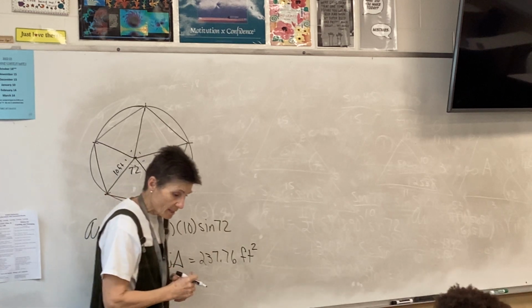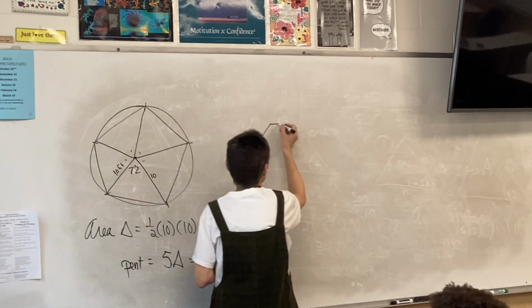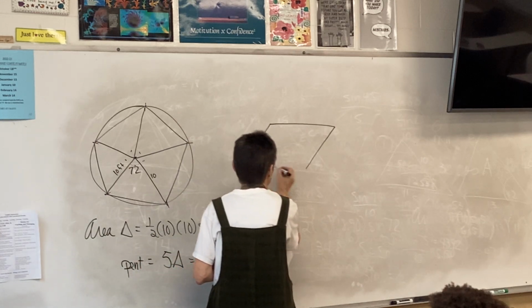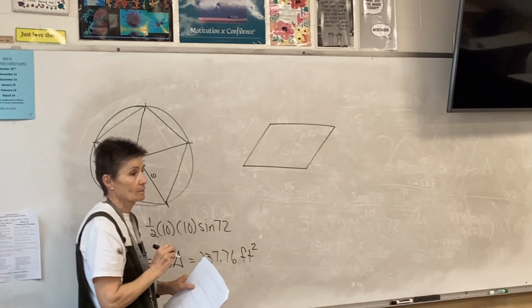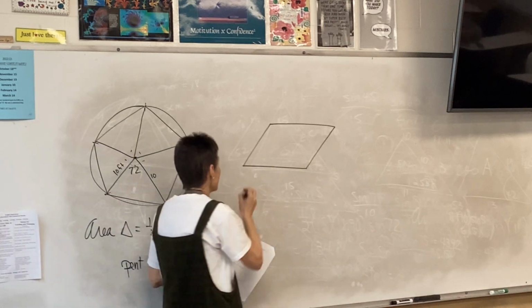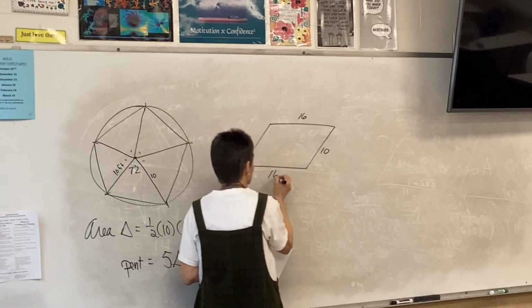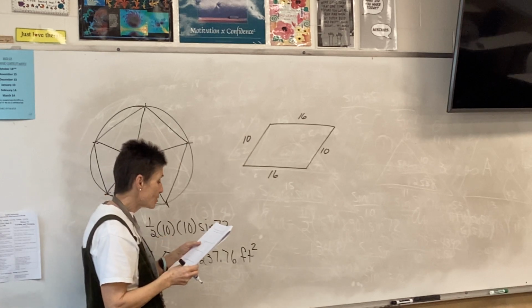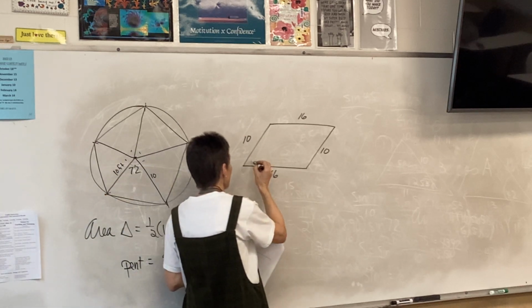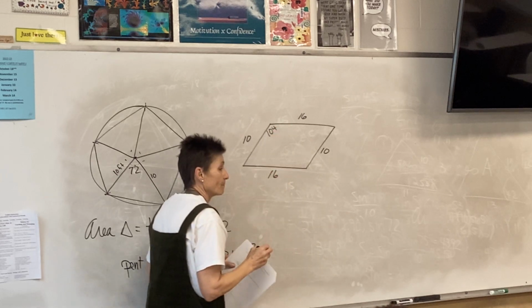Okay. Number 2, find the area of a parallelogram whose sides measure 10 and 16, and the large angle, so you have 2 angles here, the large one is 104.